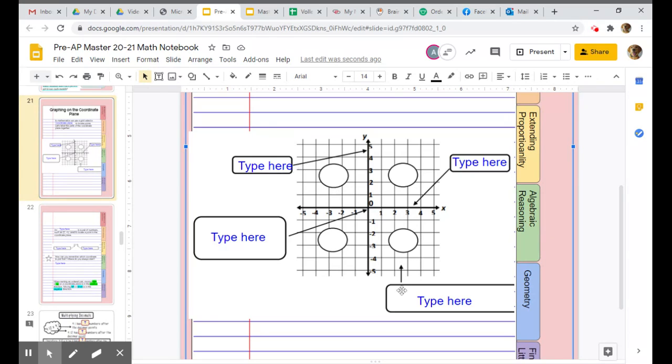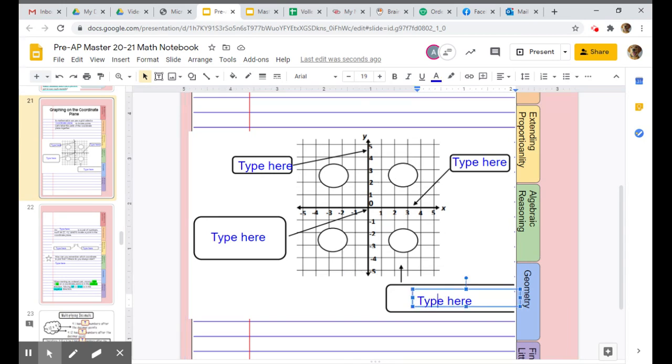The first thing, this whole thing with all these grid boxes is what is called your coordinate plane. That is the actual coordinate plane itself, and it is formed by the intersection of an x-axis and a y-axis.